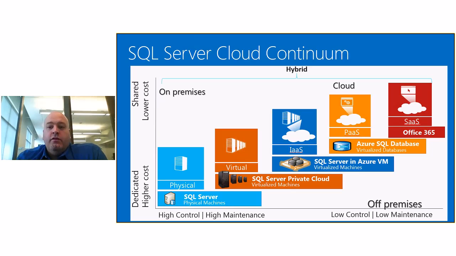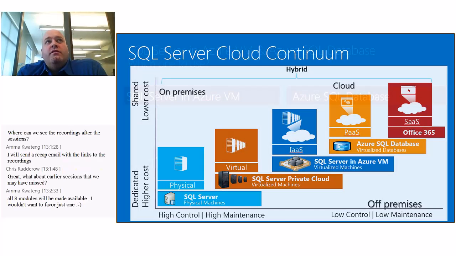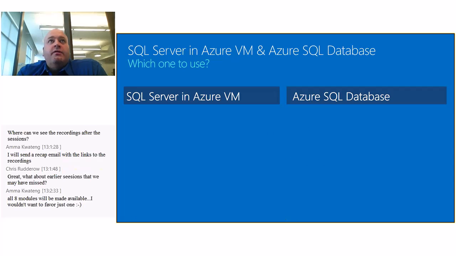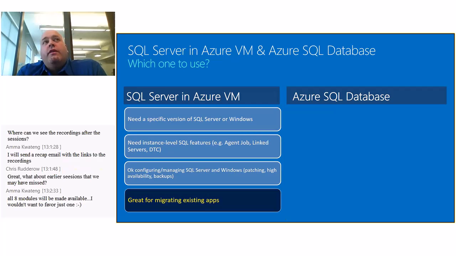So moving right into our discussion about the two. Why would you want to use SQL Server in Azure VM versus Azure SQL Database? Well, with SQL Server in Azure VM, you would want to use that when you need a specific version of Windows and a specific version of SQL Server. You're free to put whatever version you want on there that you have adequate licensing for. And adequate software.